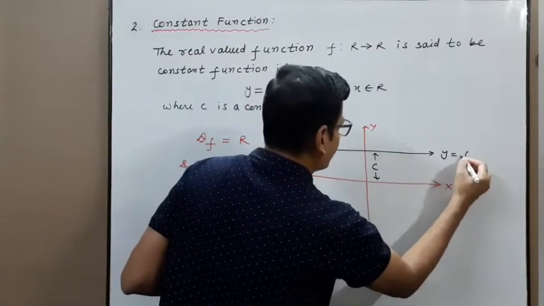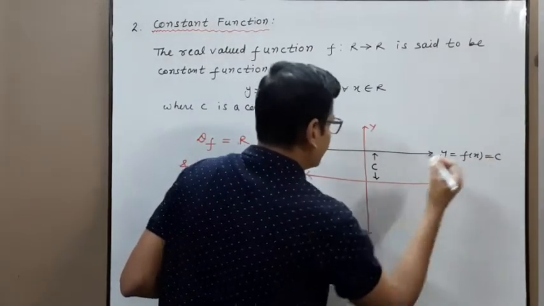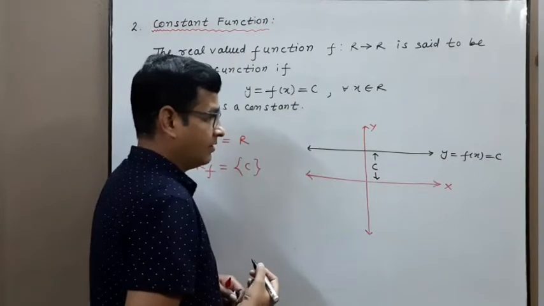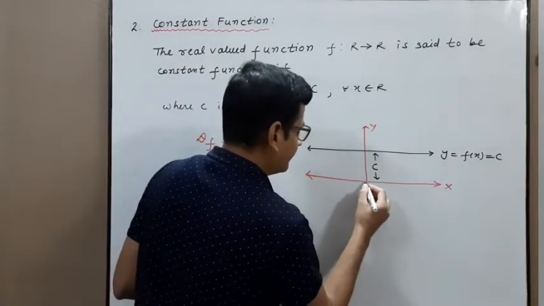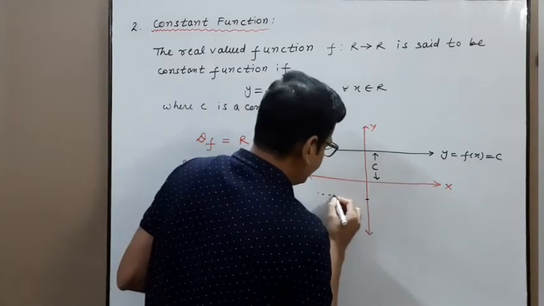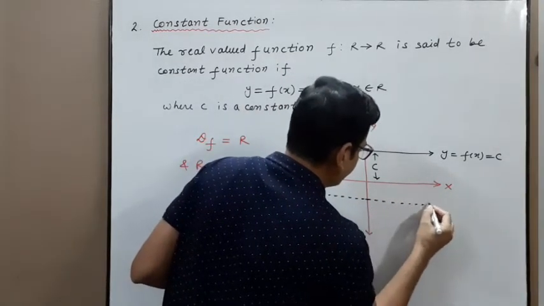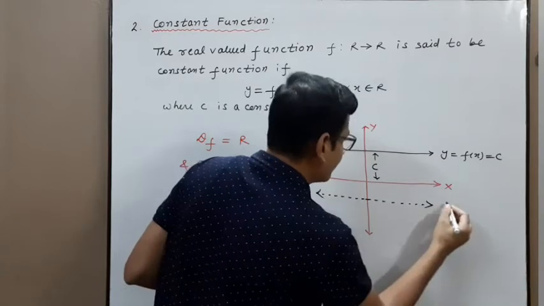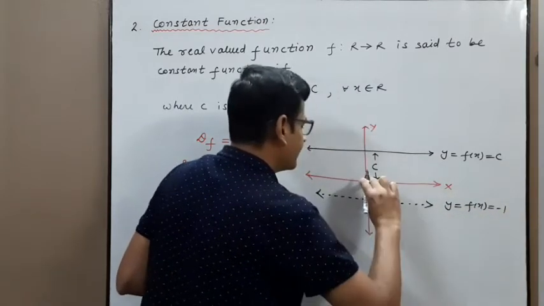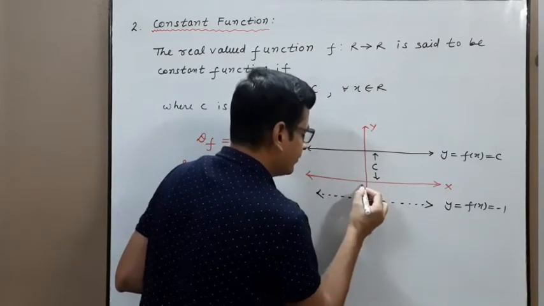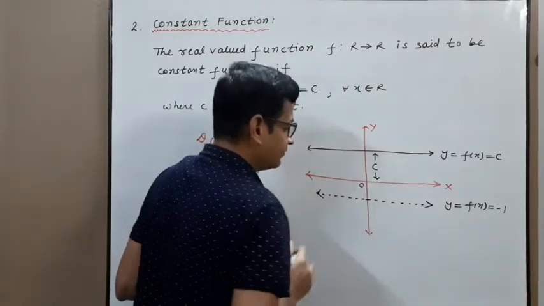This is y equal to f(x) equal to c. If y equal to minus 1, this is 0, minus 1, then this is the equation of y equal to minus 1. Constant function y equal to f(x) equal to minus 1. This is the origin. The distance is 1.